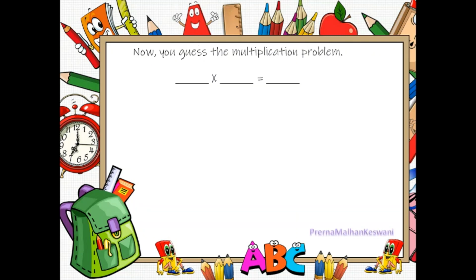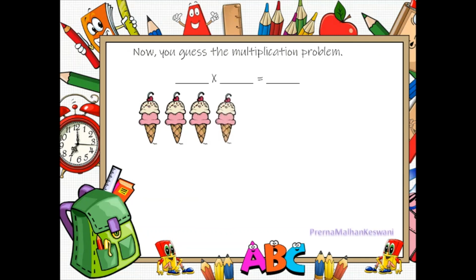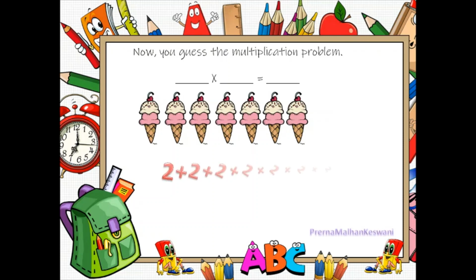Now let's guess the multiplication problem here. 2 scoops of ice cream. 2 more. 2 more. 2 more. 2 more. 2 more. And 2 more. So that means to find the total number of ice cream scoops here, we need to add 2.